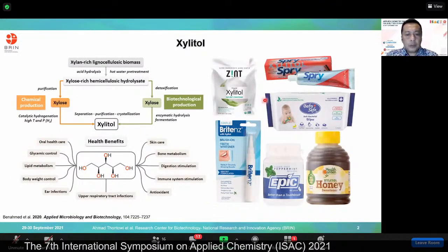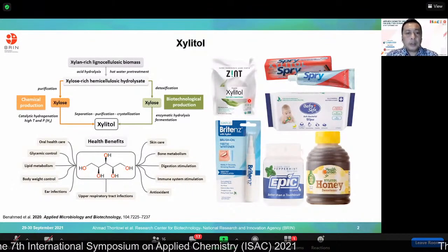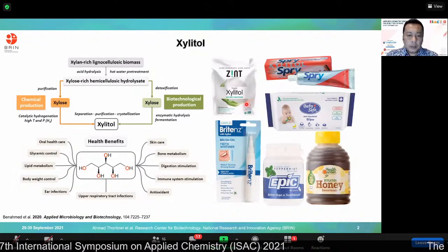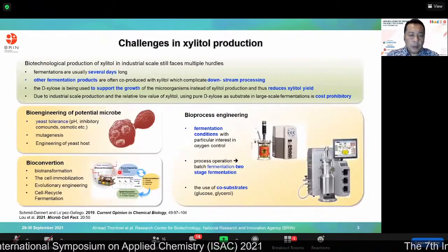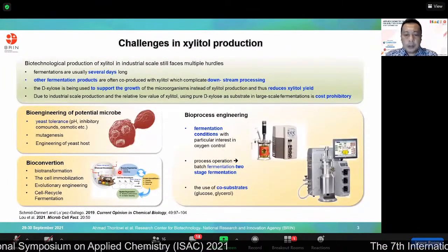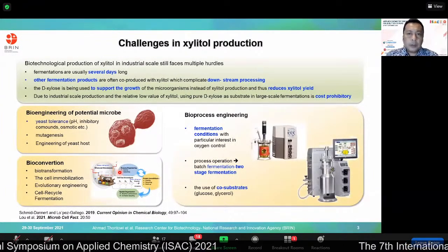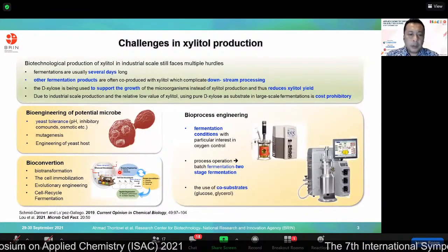Therefore, xylitol has found many applications in food products, oral and personal care, and animal nutrition. One of the problems in xylitol production by technology is that it takes several days of fermentation of the substrate by microorganisms to become xylitol.